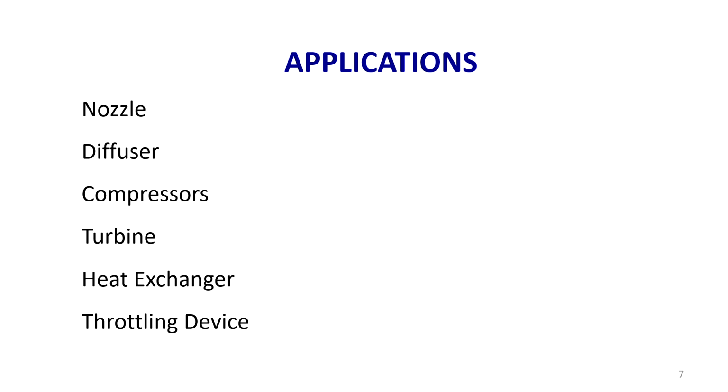Now, let us see some of the applications of the steady flow energy equation. In lecture number 1 itself, I told you most engineering systems or devices are of the open type, wherein both mass transfer as well as energy transfer take place. They are not closed systems. Most devices are open, like the compressor, turbine, heat exchanger, any refrigeration device, air conditioner; all these are typical examples of open systems.